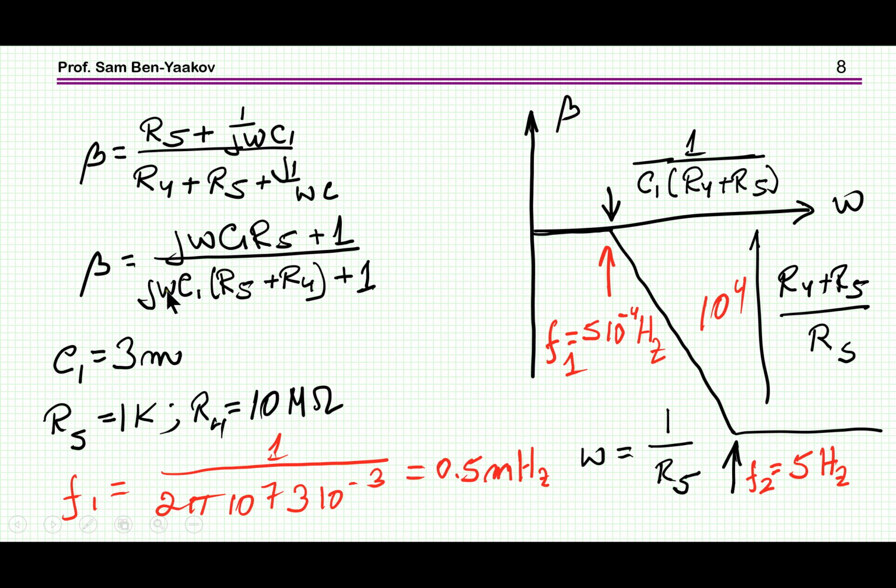For the values that I have, it turns out that this is the transfer function of beta. It starts here at 1 over C R4, R5. This is in omega frequency, you have to divide it by 2 pi. And then it goes down 20 dB per decade at this value.